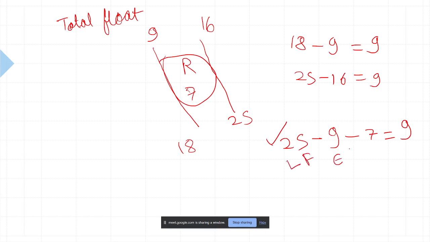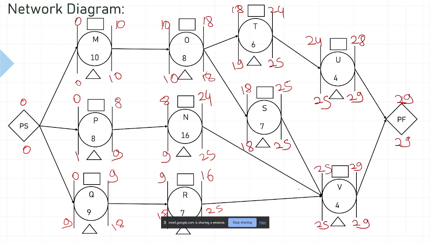This is early start. By this definition we can know how much we can delay the particular activity. Like if the duration is 7, how much the activity can be delayed. Yeah, exactly. So now we'll be writing the total float as you said it is required. We'll visit the definitions again.